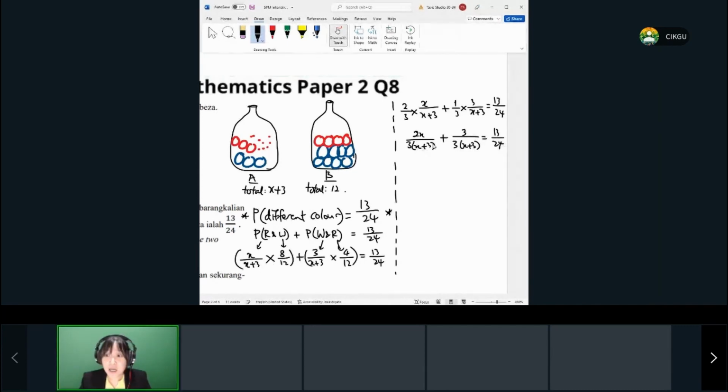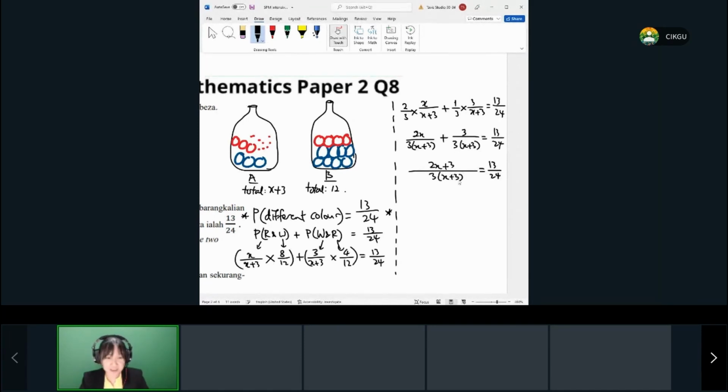So you want to add two fractions. Is the denominator the same? Yes, for this case the denominator is the same. If the denominator is the same, that means we can straight away add the tops. So let's group this together: numerator is 2x plus 3 over 3 times x plus 3, equals 13/24.